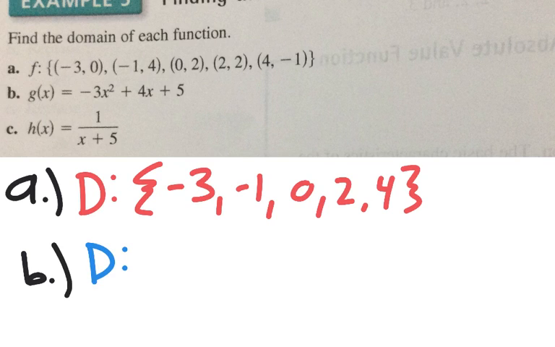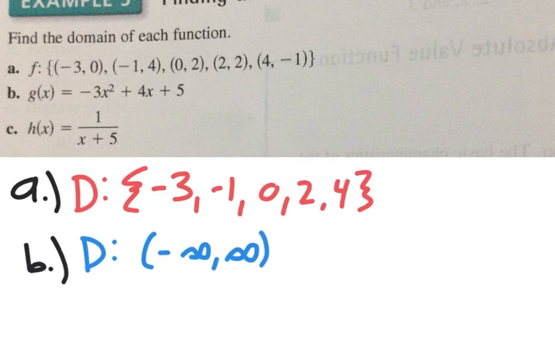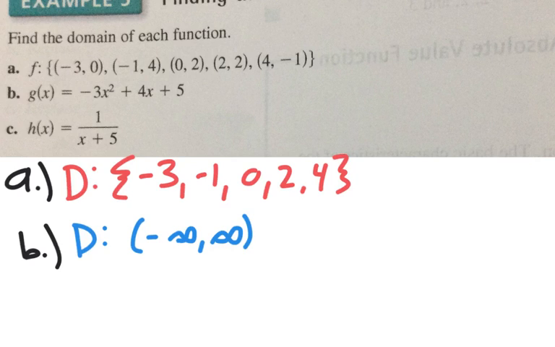So the way we say that is we can say domain is from -infinity to positive infinity, putting it in interval notation. So again, I don't really like interval notation because what does that look like? It looks like an ordered pair, right?